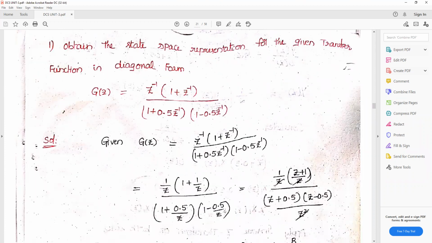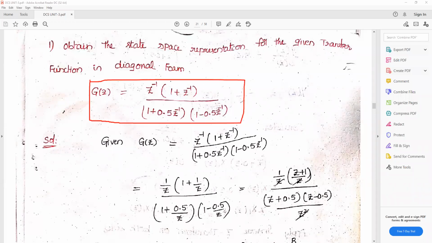Next problem: obtain the state space representation for the given transfer function in diagonal form. The given transfer function is g of z is equal to z inverse into 1 plus z inverse whole divided by 1 plus 0.5 z inverse into 1 minus 0.5 z inverse. Z inverse is equal to 1 by z.